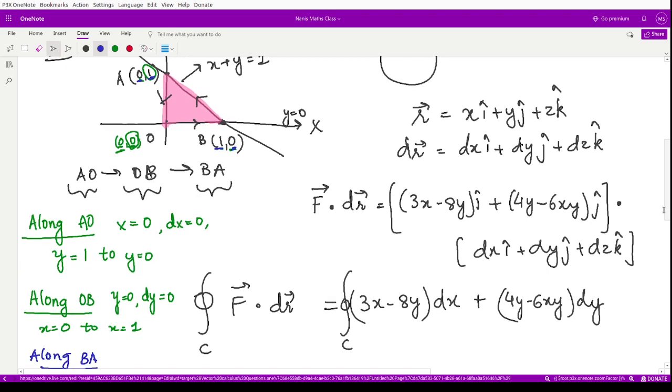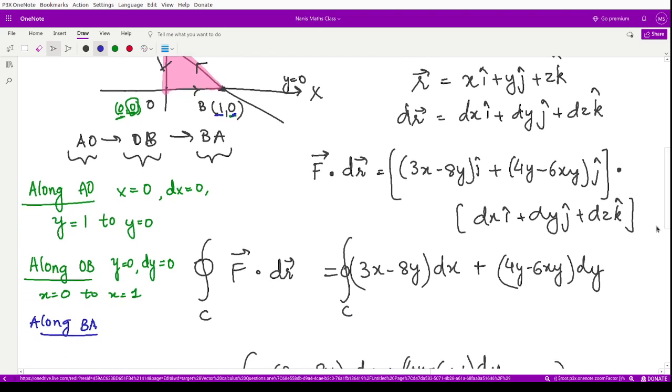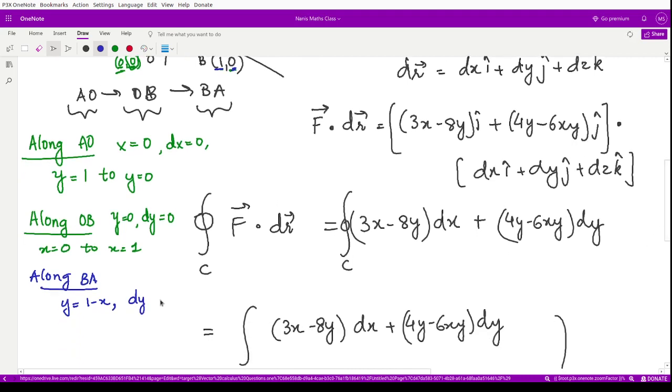Here, I am writing y as 1 minus x from the equation of line. If y is 1 minus x, therefore what would be dy? Let's differentiate this. It would be dy is equal to 0 minus dx, so minus dx. That means you have converted your values of y in terms of x and dy in terms of dx. So you have eliminated y completely.